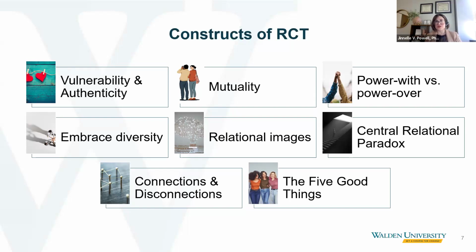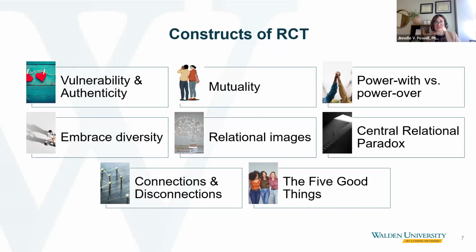I think you can't be authentic without being vulnerable, right? And in order to have a sense of mutuality in whatever relationship you're applying this to, there does need to be that sense of I'm bringing my truest self to the relationship. And I'm bringing in a sense of vulnerability because if I am showing my true self, then I'm taking off that mask, so to speak, right? And that can be a little scary.